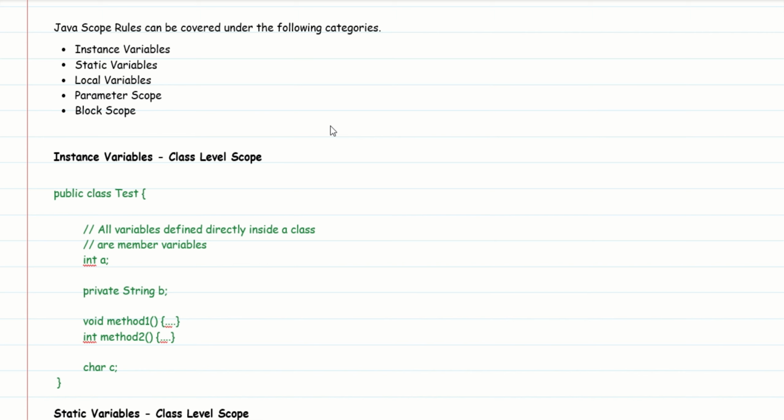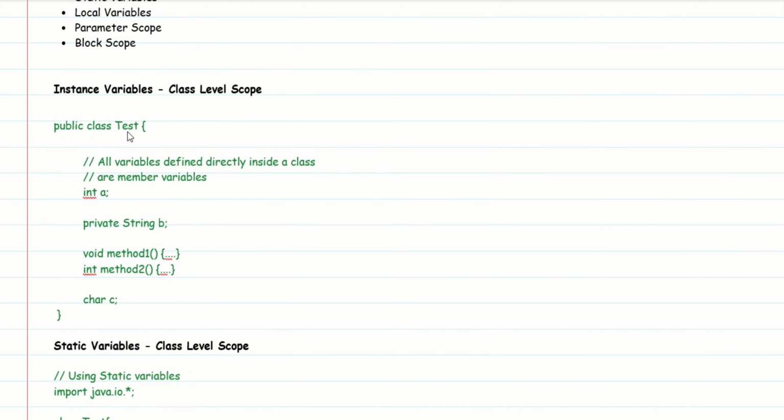Let's take a look at an example. Here I have a test class. All variables defined directly inside a class are member variables. So here int a, private string b, and char c are instance variables.